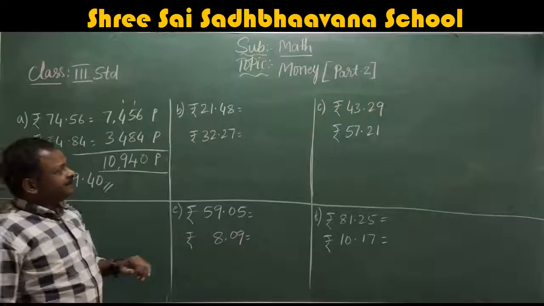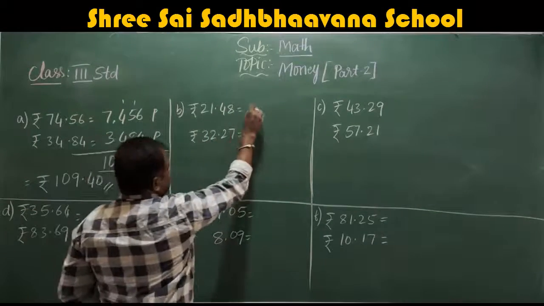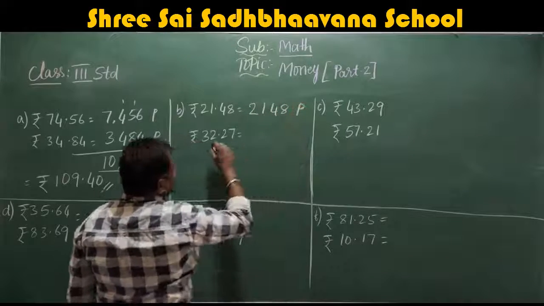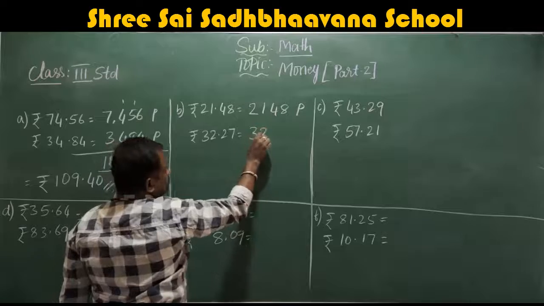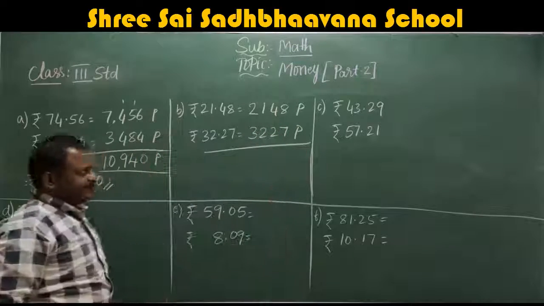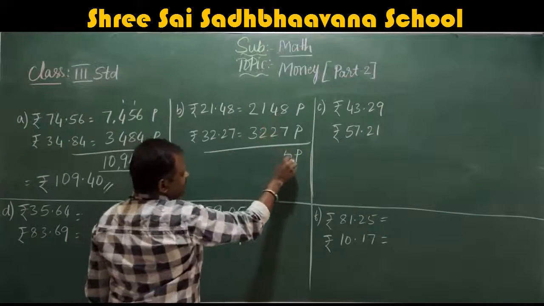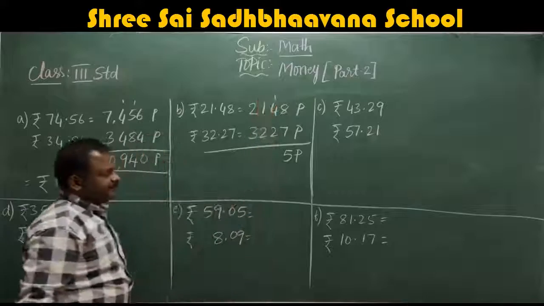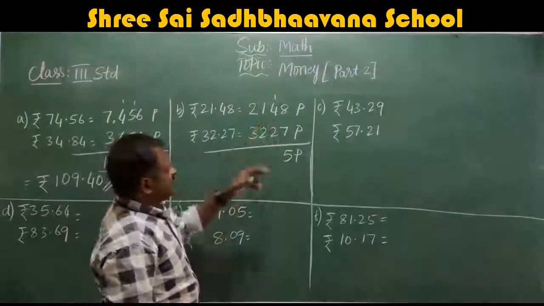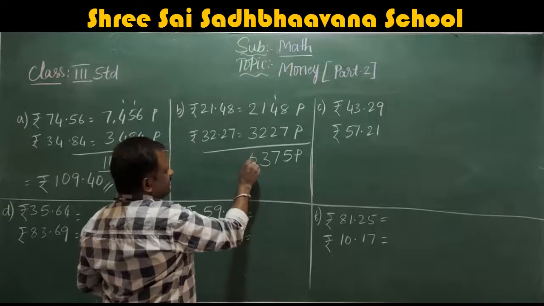Rupees 109.40. Come to here. Rupees 21.48 they are given. Convert this into paise. 2148 paise. This one becomes 3227 paise. Add. Paise as it is 8 plus 7, 15, carry 1. 4 plus 1, 5, 6, 7. 2 plus 1, 3. 2 plus 3, 5.